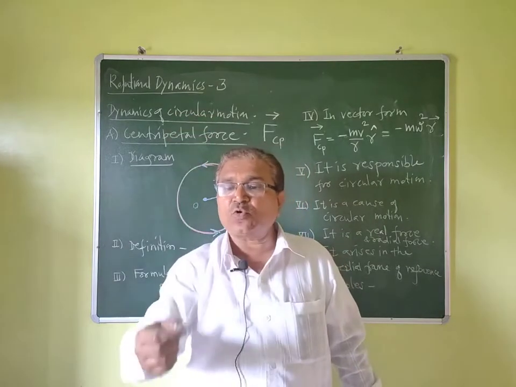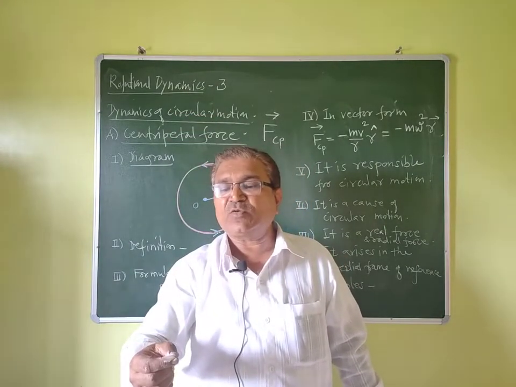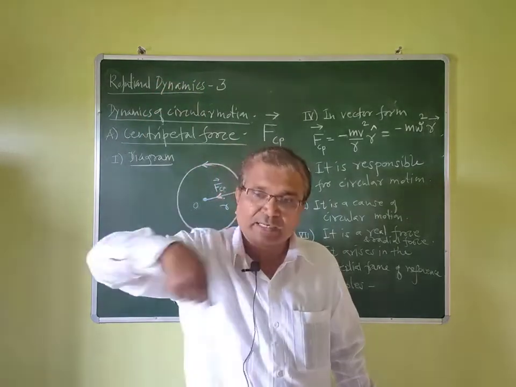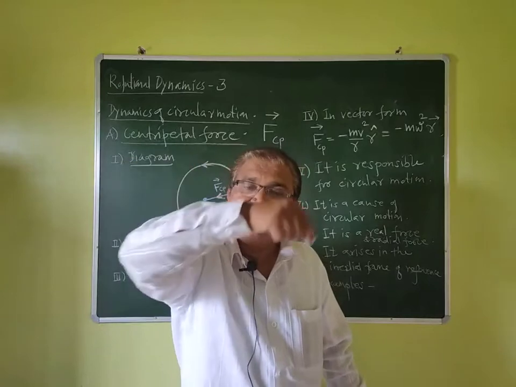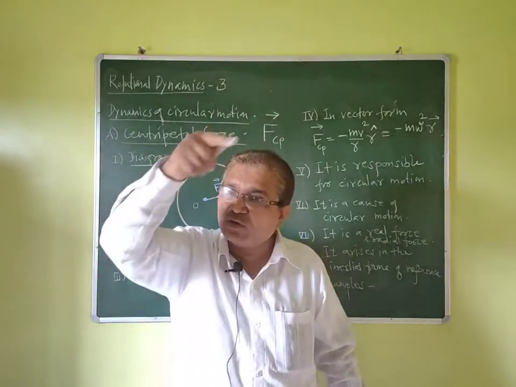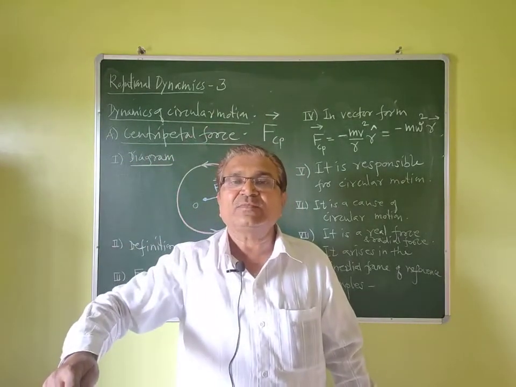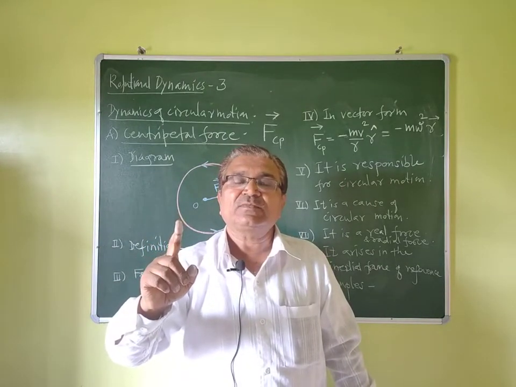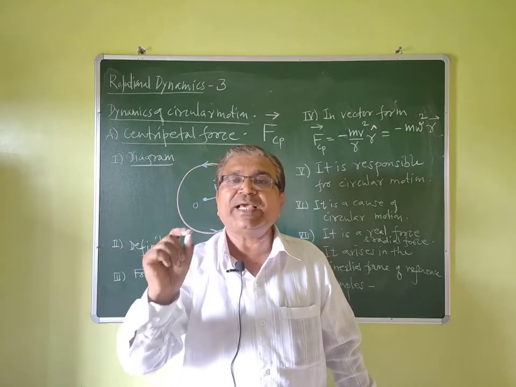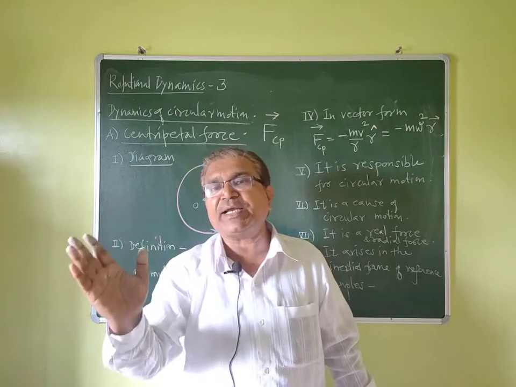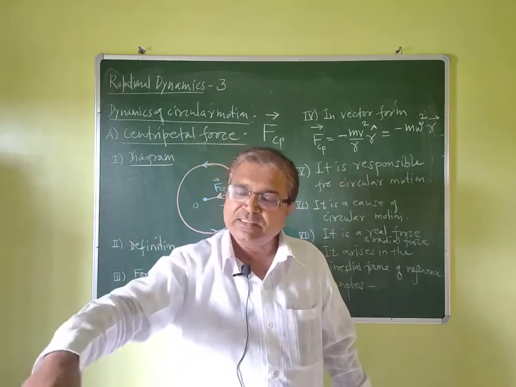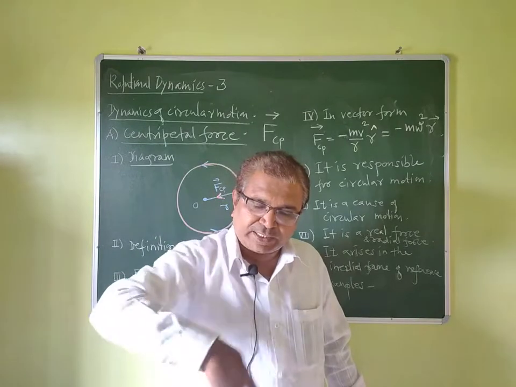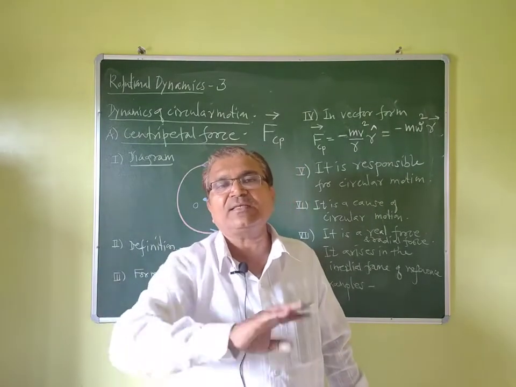Suppose a stone is tied to one end of a string and the other end of the string is in my hand, and I rotate that string like this. Then tension is created in the string. That tension acts as the centripetal force, so that the stone circulates in a horizontal plane.